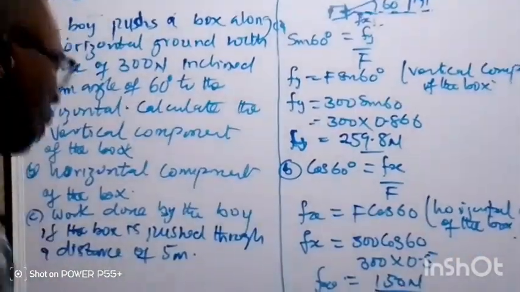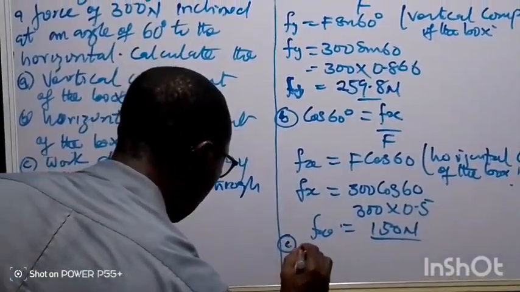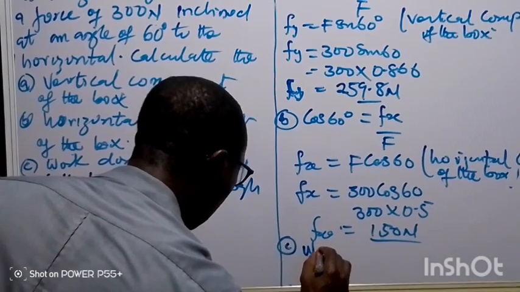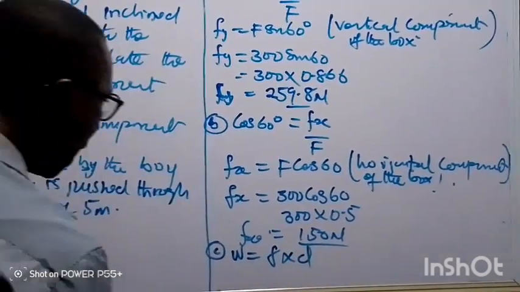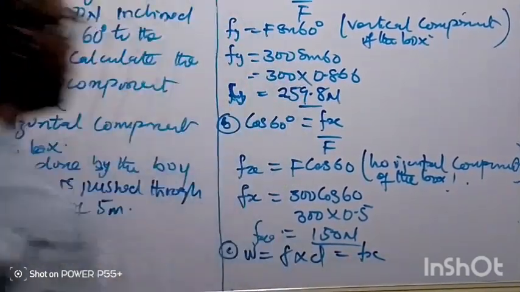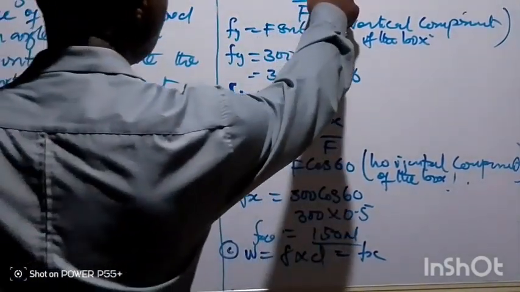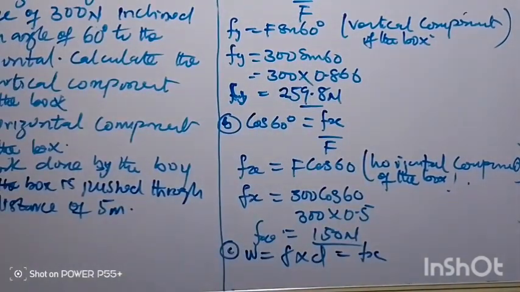So work done, question C. Work done is equal to F multiplied by D, and it will be Fx. Why is it Fx? Because the force Fx is in the same direction as the force applied by the boy.